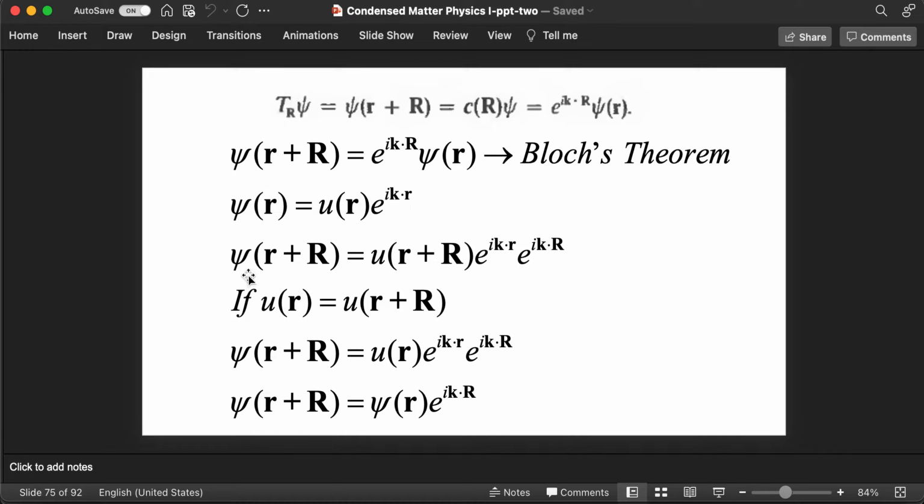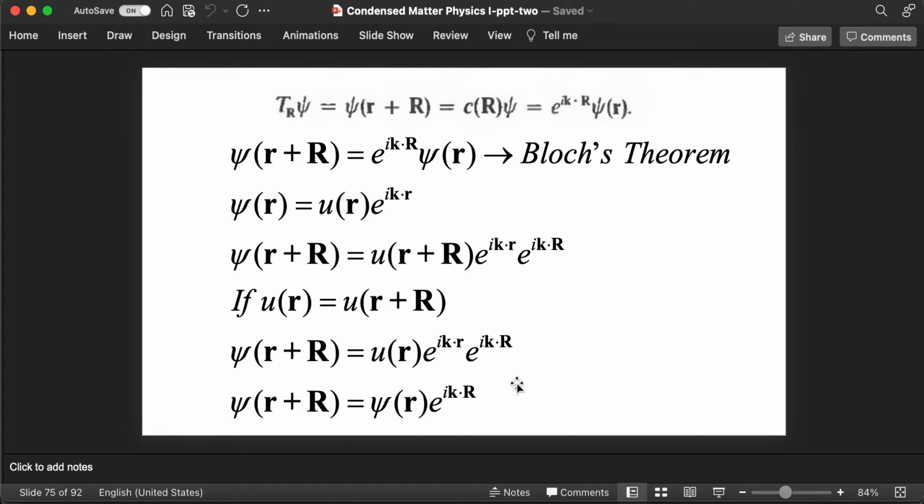So now when I shift by this Bravais lattice vector, I will get this, and now I demand that that function u of r should also have the periodicity of the lattice potential. So it should also obey the property of the Bravais lattice. If that is also a periodic function, then u of r is going to be given by this. So I can rewrite this as this, and I can simply write psi of r plus R is basically psi of r times e power i k dot R, which is what this equation is.